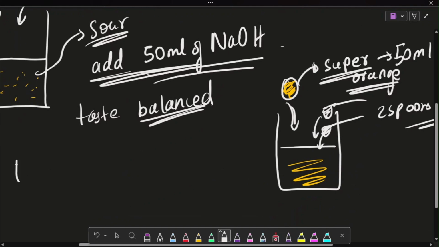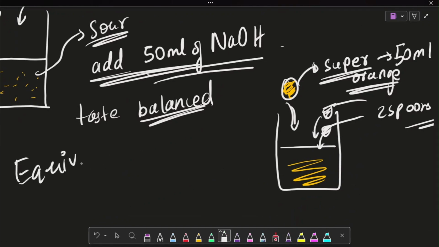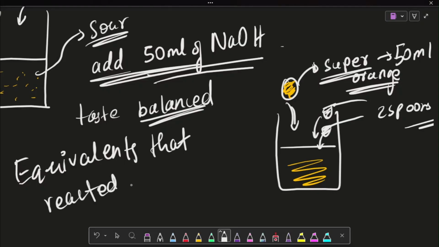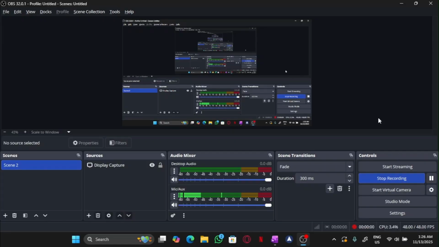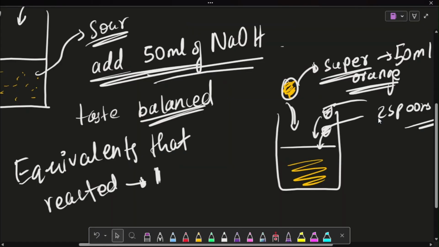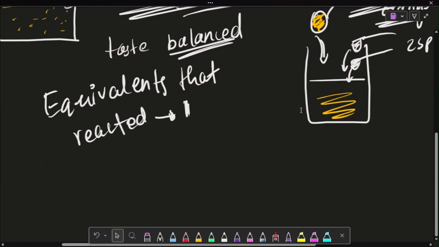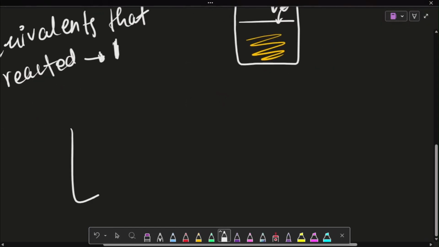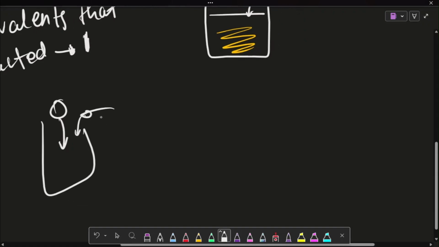So here the equivalence that reacted was 1. So coming back to what we took from the orange, you added 1 orange and you had to put 1 spoon of sugar to neutralize it, right?